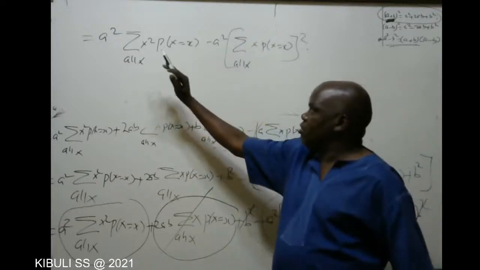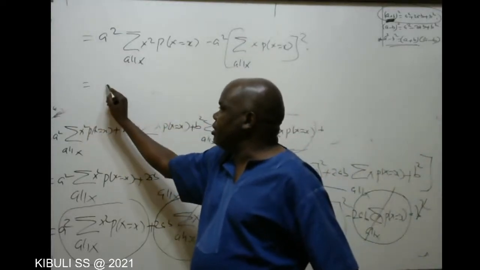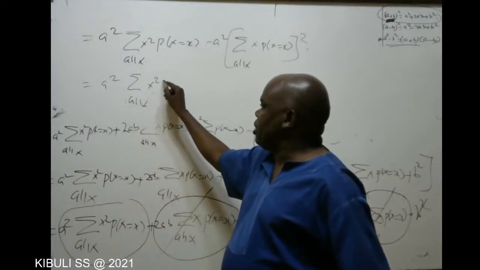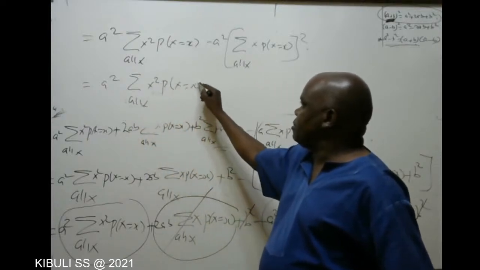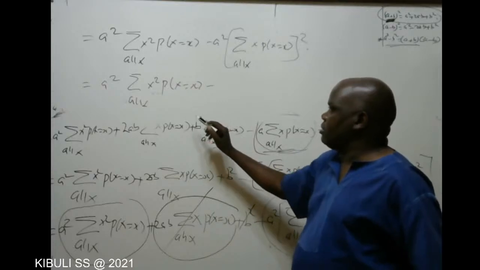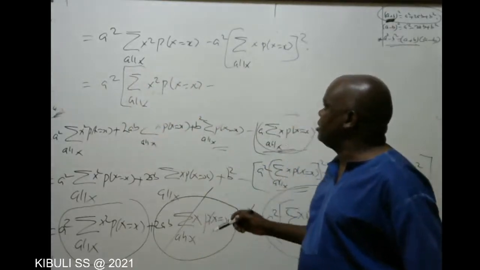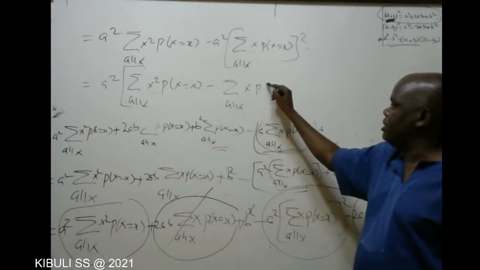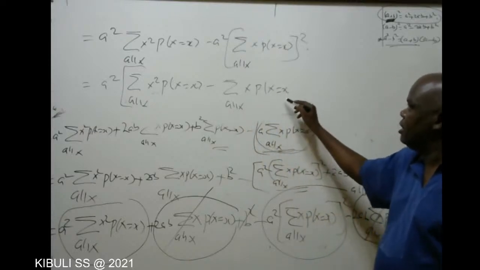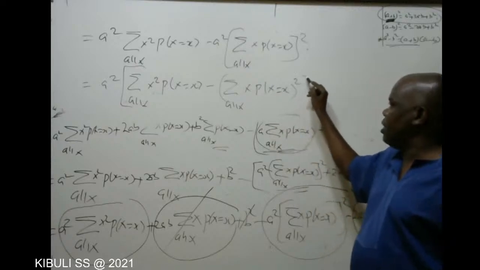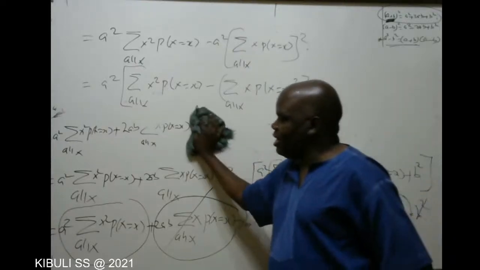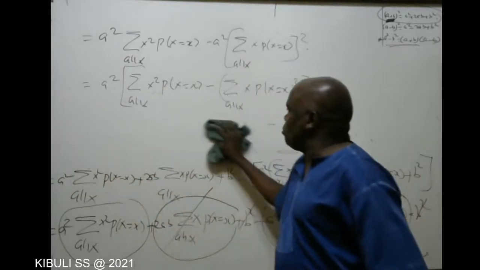Given that these are constants, you pull out a constant and are left with a squared, sum of all x squared, probability of X equal to x, minus the sum of all x, probability of X equal to x. This one retains its square. So from here, we are left with what?